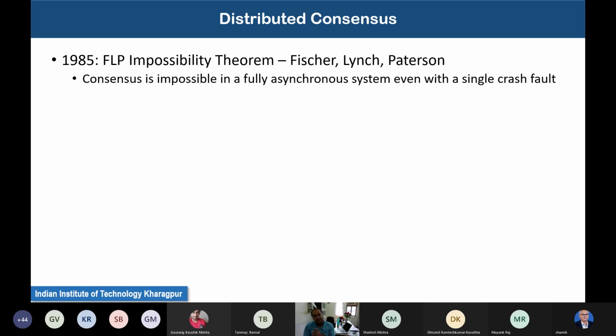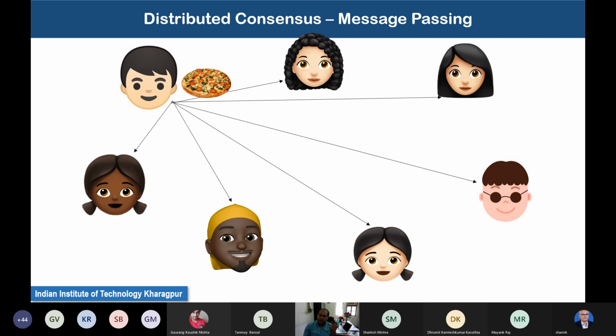Now, how does it impact the decision in distributed consensus? Whenever you are talking about this algorithm, everyone is going to say their local choice to others, and based on that, I am going to take a decision whether to choose a pizza or a burger.